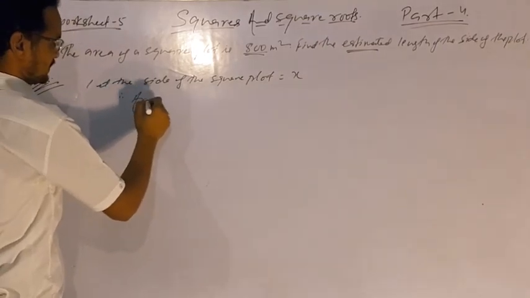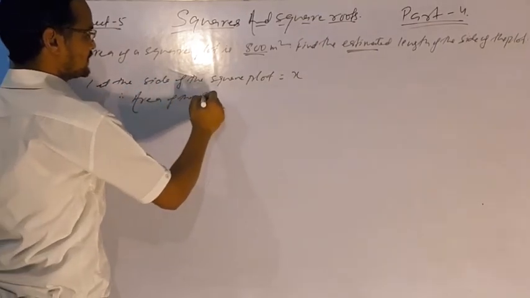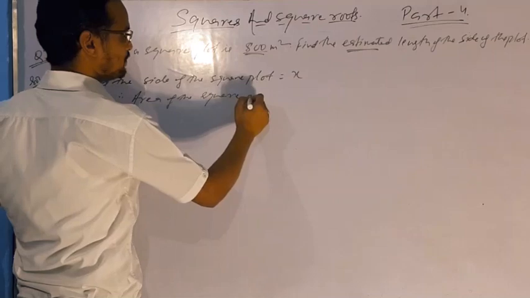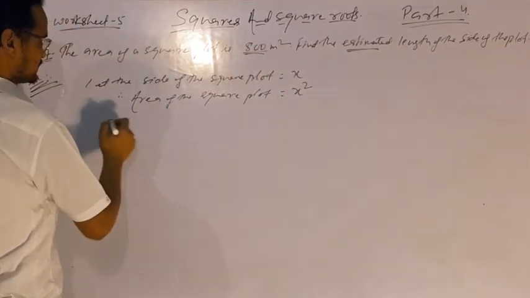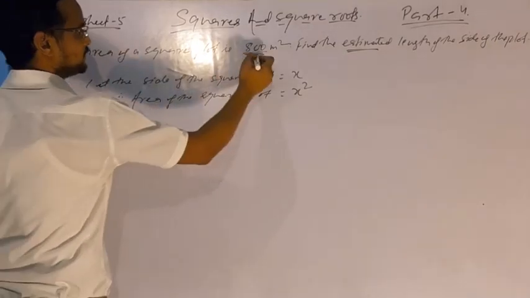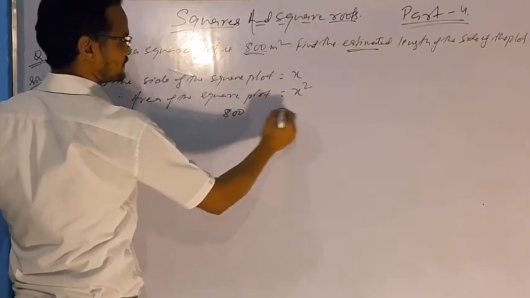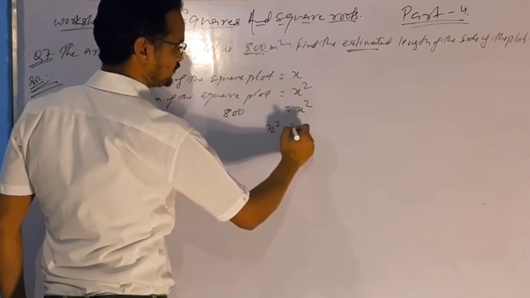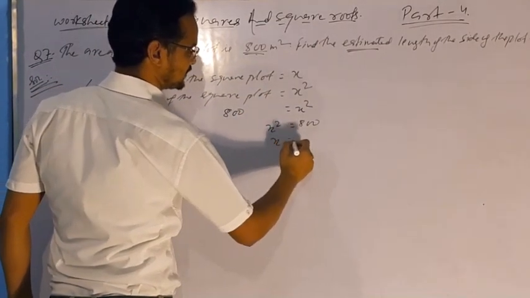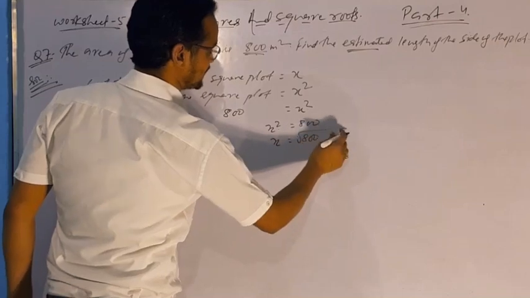Therefore, area of the square plot is equal to x square, side square. Hence, 800 is equal to x square. We can write x square is equal to 800 or x is equal to root under 800.